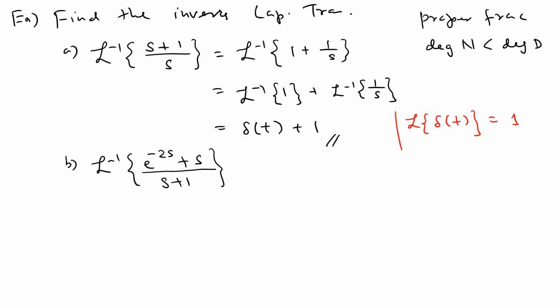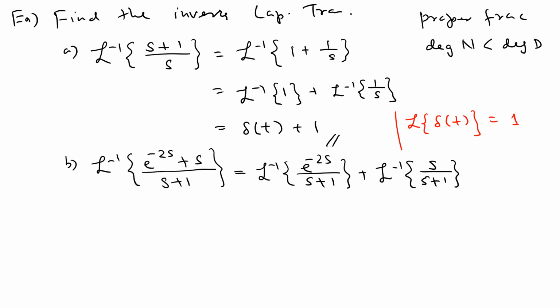Again, we can do a similar trick. We can split this, so we can write this as the inverse Laplace of e to the minus 2s over s plus 1, plus the inverse Laplace of s over s plus 1.